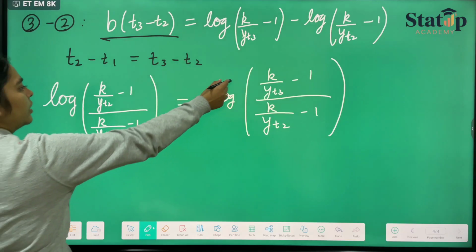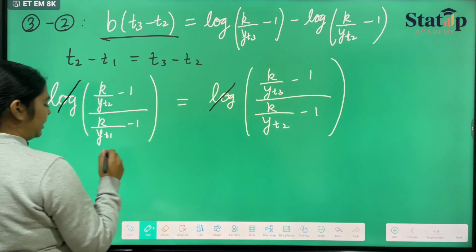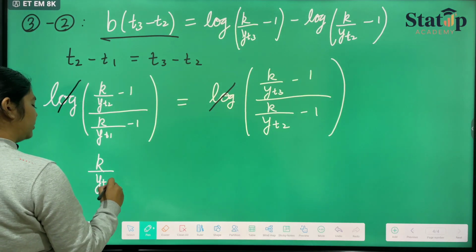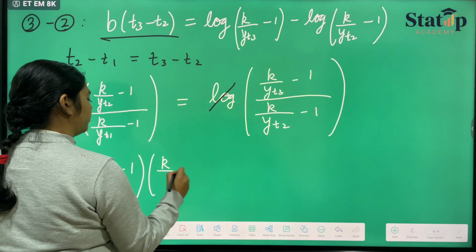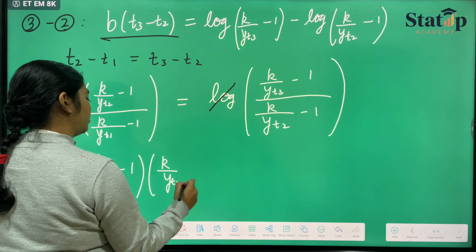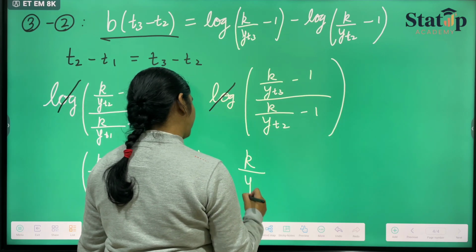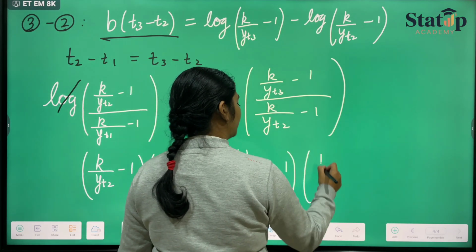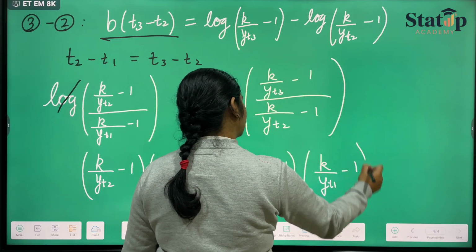So here log and log get cancelled. We'll take exponential on both sides, then they'll get cancelled, and we are left with k upon yt2 minus 1 into k upon yt2 minus 1 is equal to k upon yt1 minus 1 into k upon yt3 minus 1.